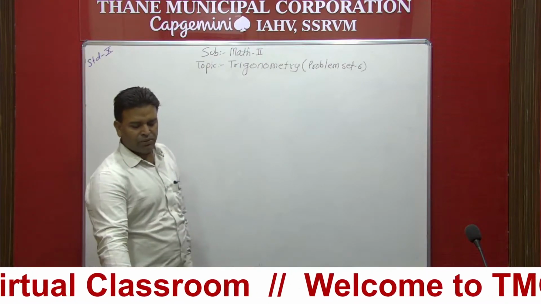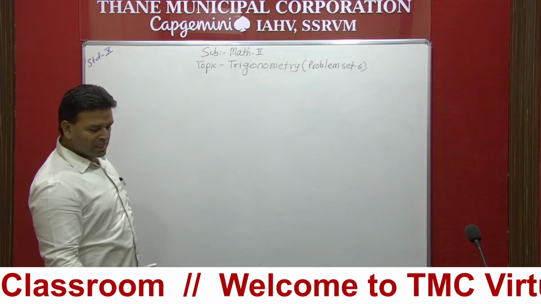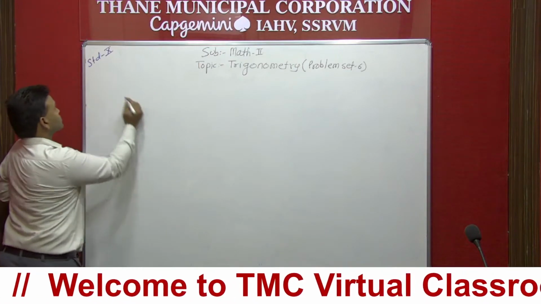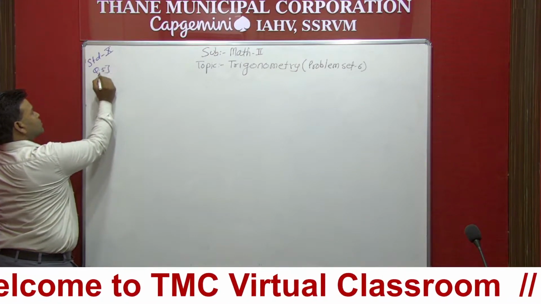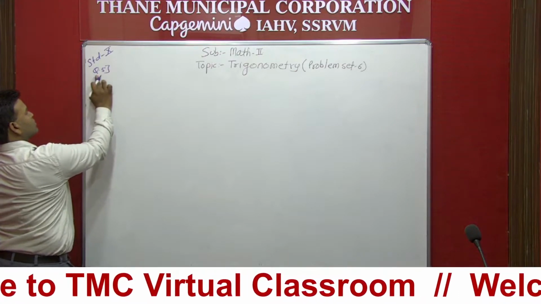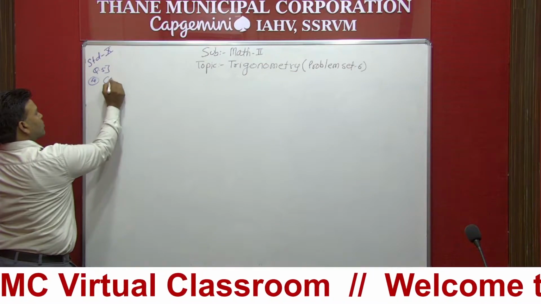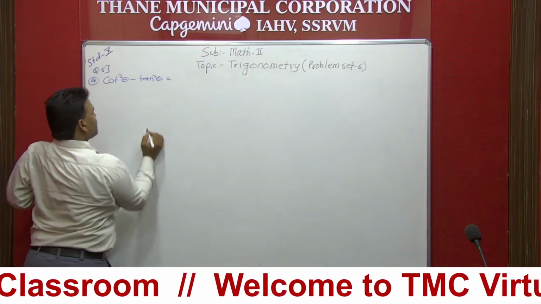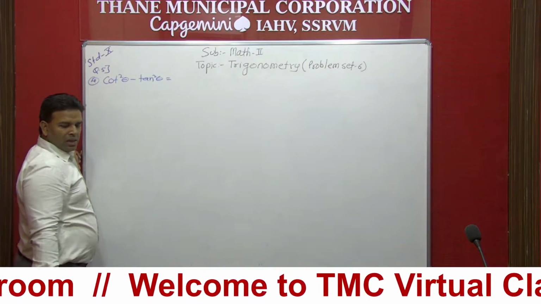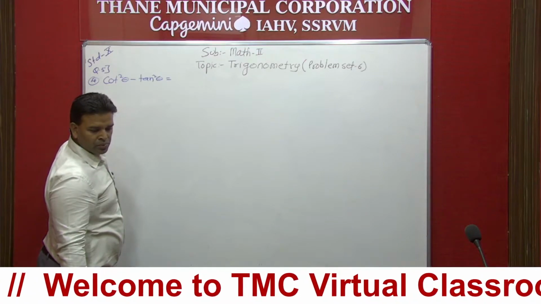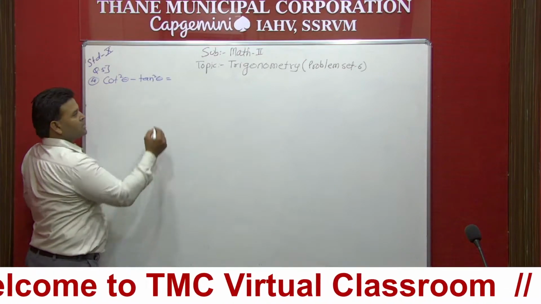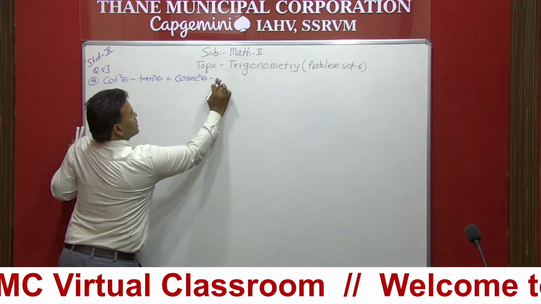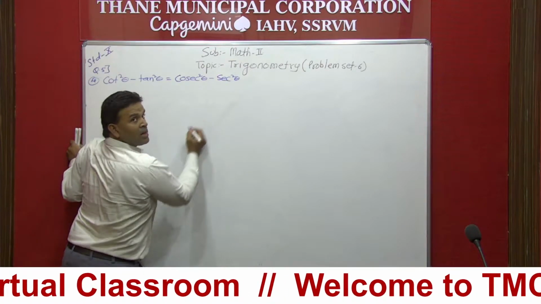Okay students, let us see the question number 4. Question number 4 is cot square theta minus tan square theta is equal to cosec square theta minus sec square theta.